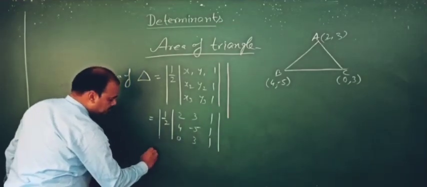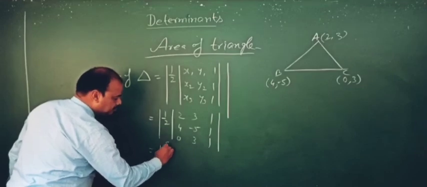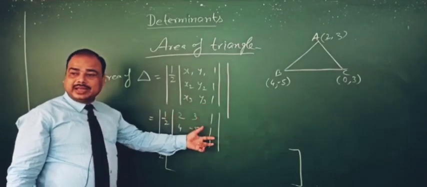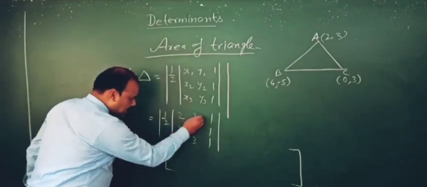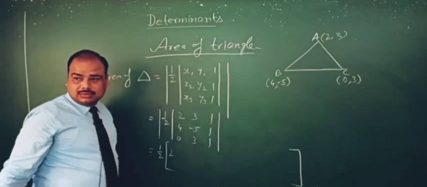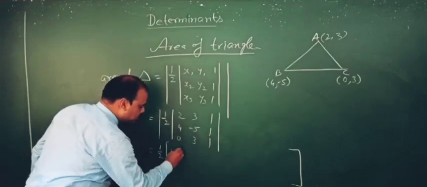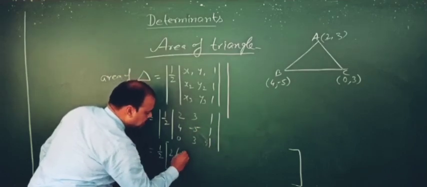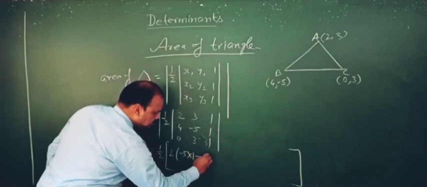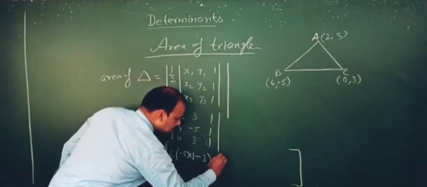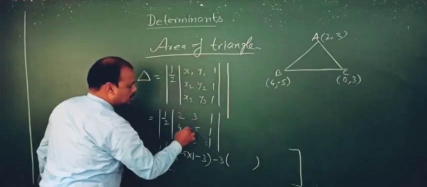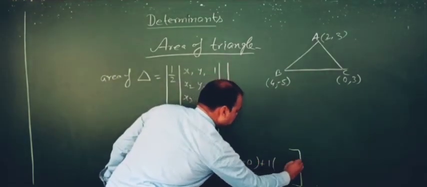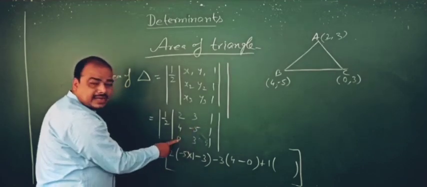So the value of the area of the triangle equal to half multiplied by the value of this determinant. Expanding along any row or any column, 2 into cofactor of 2, that is negative 5 minus 3 into 1, minus 3 into 4 into 1 minus 0, plus 1 into 4 into 3 is 12 minus 0.